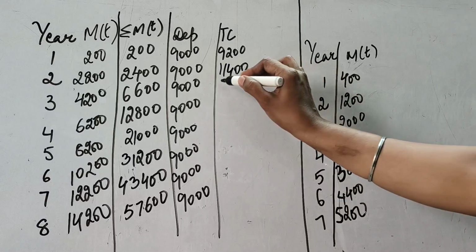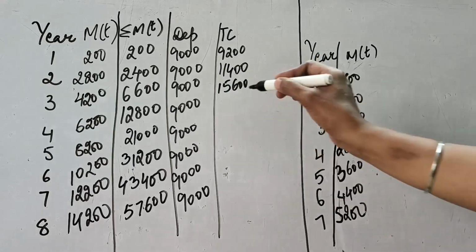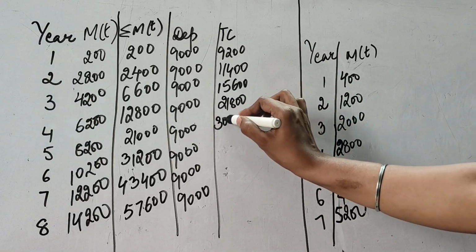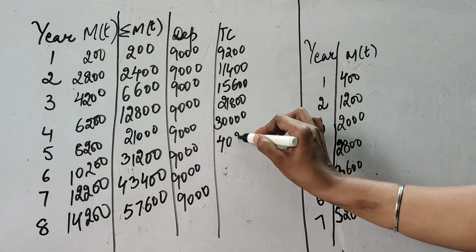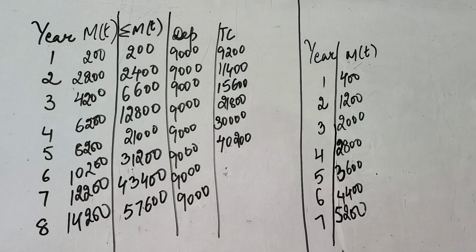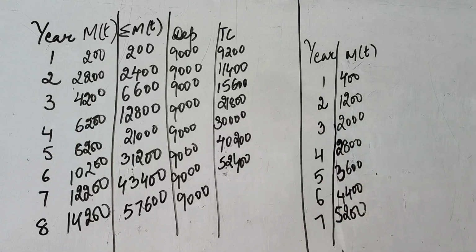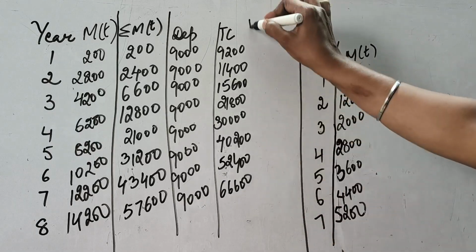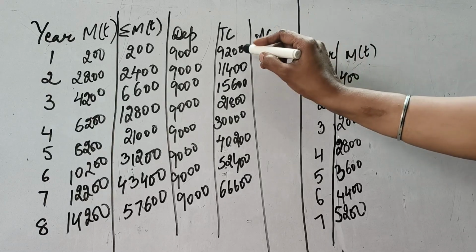Next is 15,600, 21,800, 30,000, 40,200, then 52,400 and the last is 66,600. After calculating the total cost, the last step is the calculation of average cost.